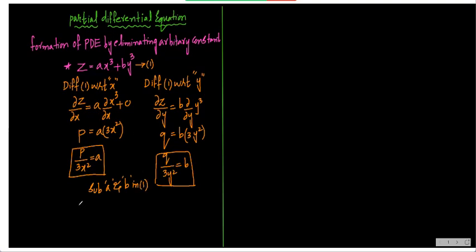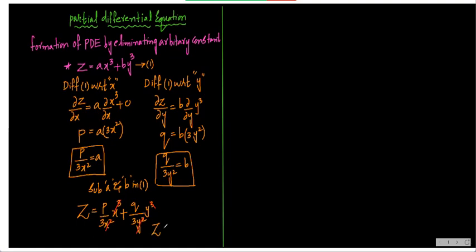So equation number 1 becomes z is equal to a, which is p by 3x square, into x cube, plus the b value, which is q by 3y square, into y cube. Now one term x cube cancels, and the y square term is cancelled. Then what is left?